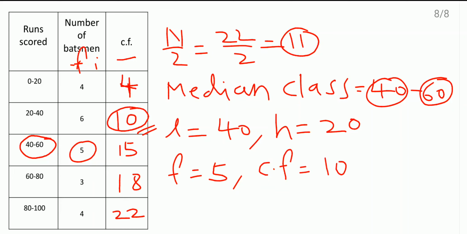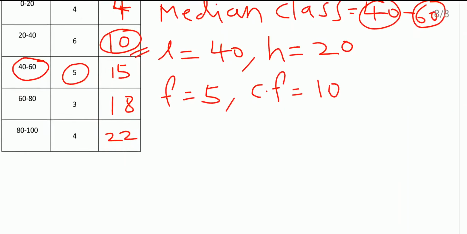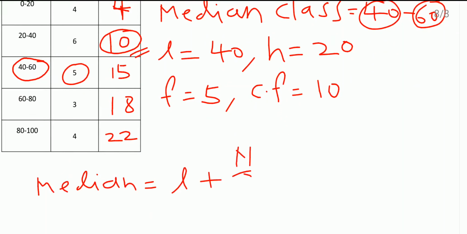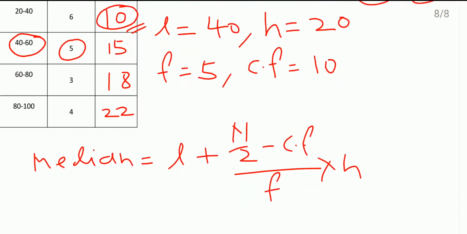We got all the values now. We'll just use the formula. The formula for the median is: median is equal to L plus (N by 2 minus CF) divided by F, into H. So L is what here?